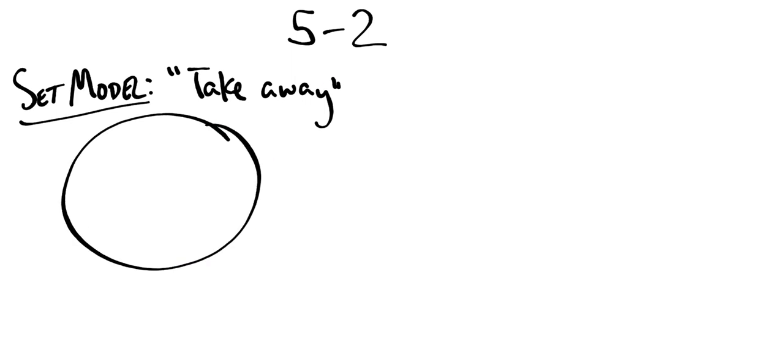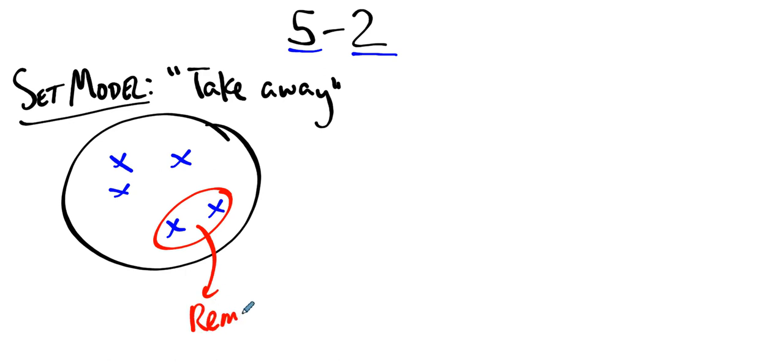Subtraction is takeaway. So you have a set. The set has 5 things in it, and you take away 2 of those things. You remove 2 of those things, then what remains is the answer. You have 5 things, you take away 2 things, there are 3 remaining.